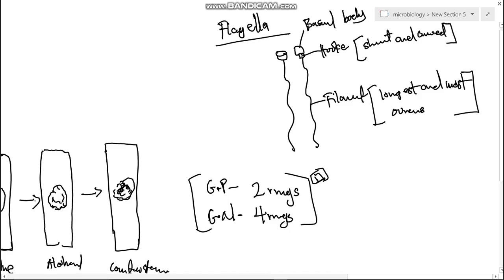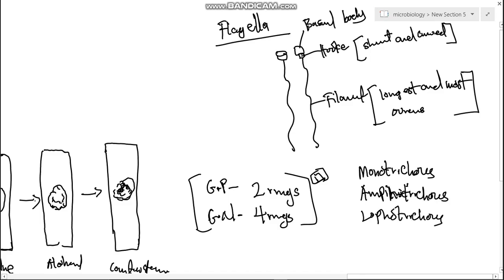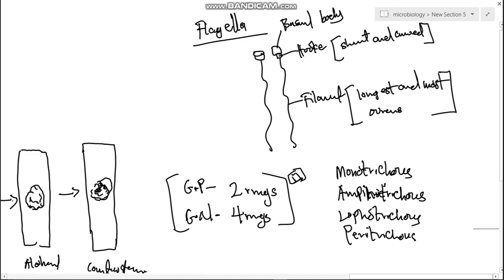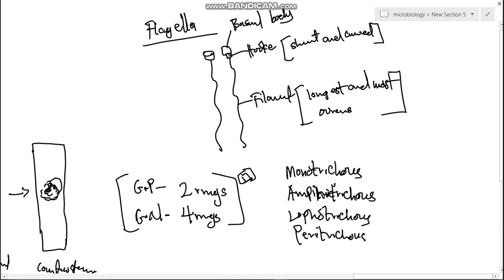First of all, we have monotrichous, then amphitrichous, lophotrichous, and then peritrichous. Mono means 1. So bacteria that have a single polar flagellum are called monotrichous. For instance, if this is a bacteria, it has a single flagellum. So this is a monotrichous bacteria.